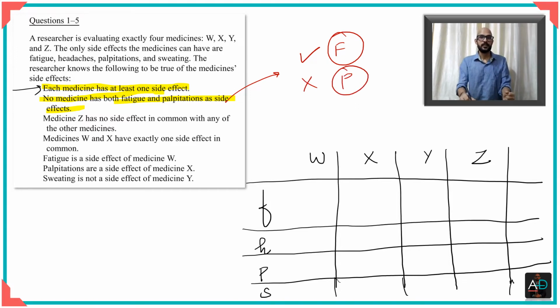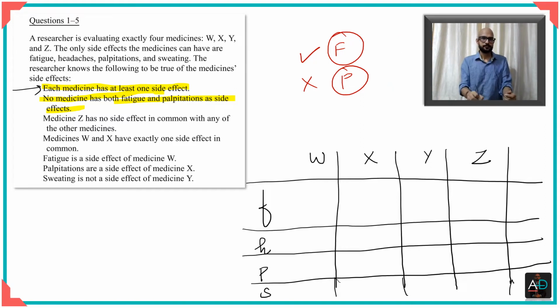Similarly, if it has this for palpitations, it has to be this for fatigue, because you can never simultaneously have this for both fatigue and palpitations. This is what we take away from this point. We will need this, remember this, we will use this.